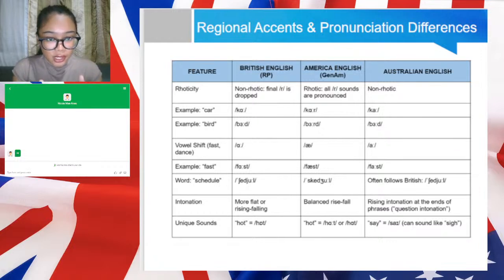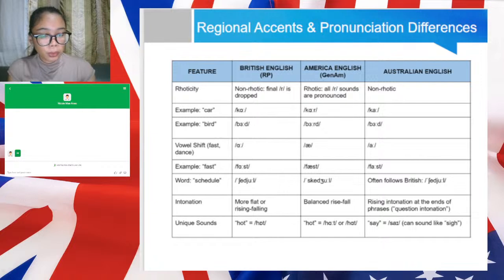Now, British English and Australian English have the similarity that they are non-rhotic. Non-rhotic means that the final R sounds are usually dropped when we speak British English as well as Australian English.